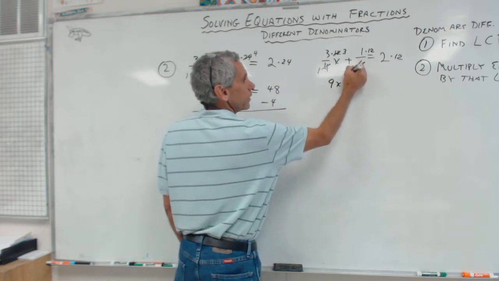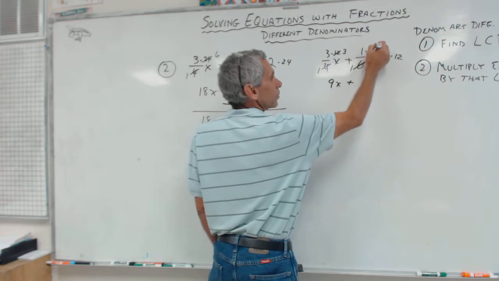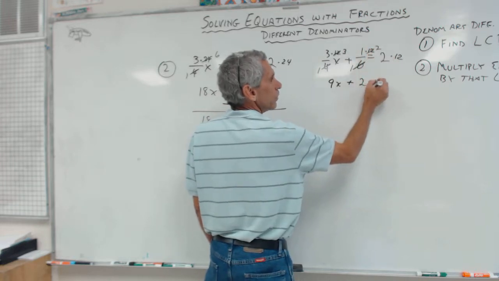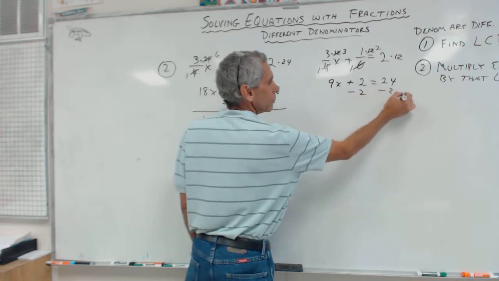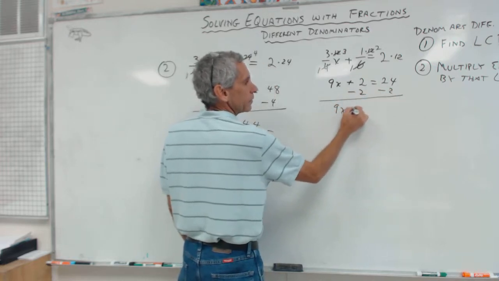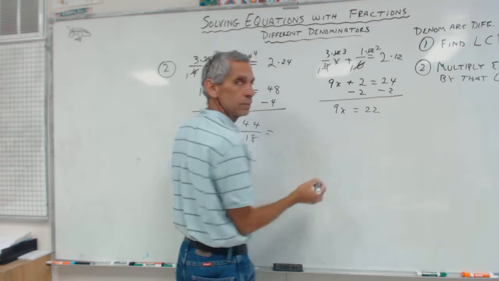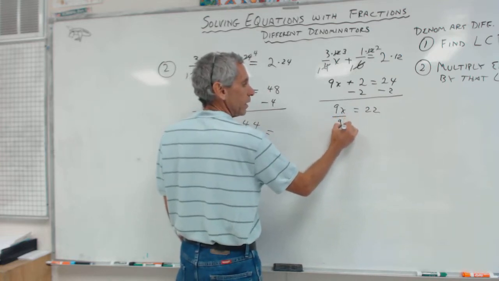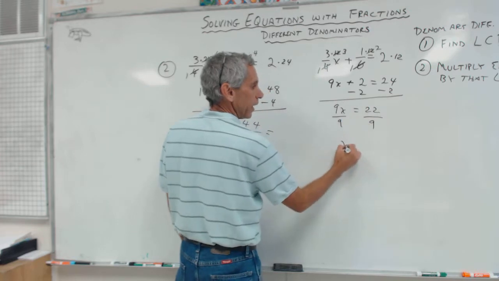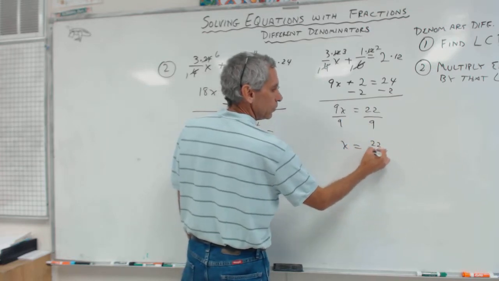Plus 6 goes into 6 once, 6 goes into 12 twice, plus 2 is equal to 24. I'm going to subtract 2. 9x is equal to 22. Guys, shh, James. Divide by 9, x is equal to 22/9.